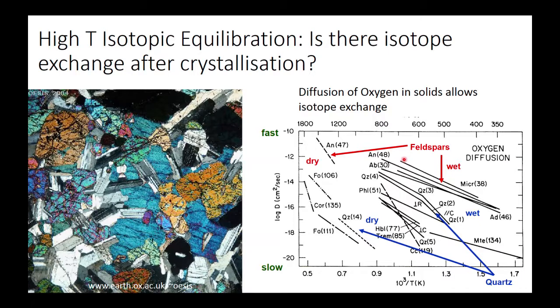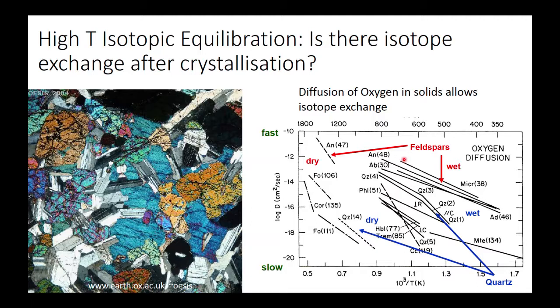Now, if that diffusion is fast enough for an atom to move from the middle of the mineral to the edge of the mineral, on the time scale since it's crystallized, then it means that the isotopes can exchange between minerals.